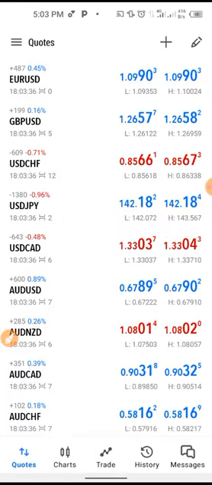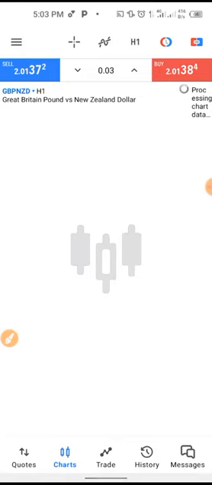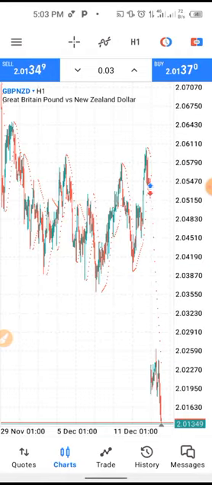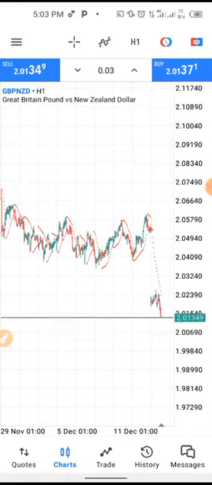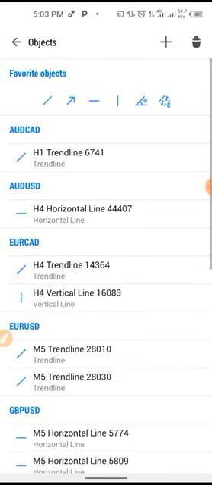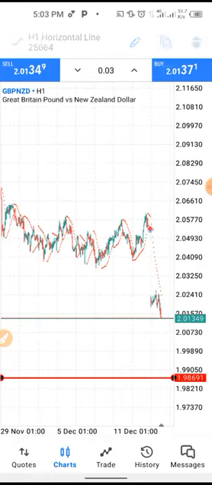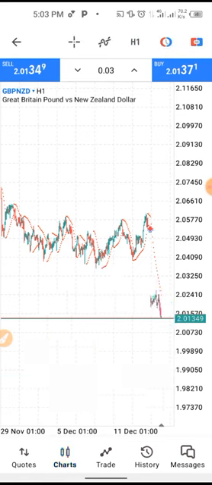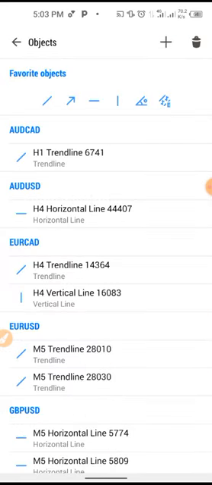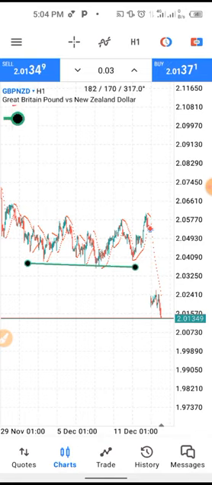Let's do that for another pair. As you can see, this we're going to connect now. We are taking trend line. So let's connect. Okay.